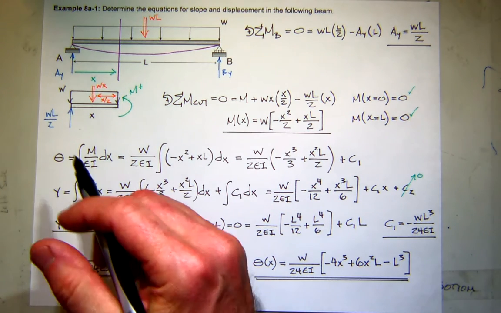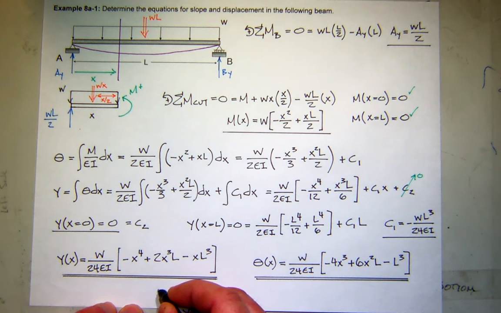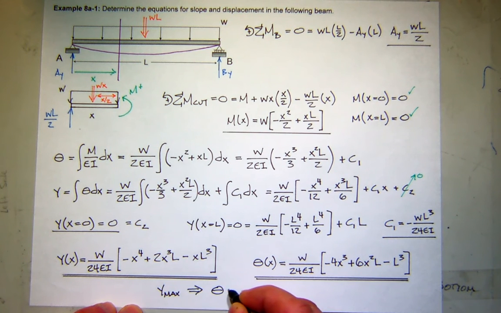So in general, what we would do is find where the slope was 0, find the value of x. Basically solve this equation for where the roots are. And once you know that root, you'd plug it in here and find the displacement. So remember, our maximum displacement is going to occur when the slope is 0.